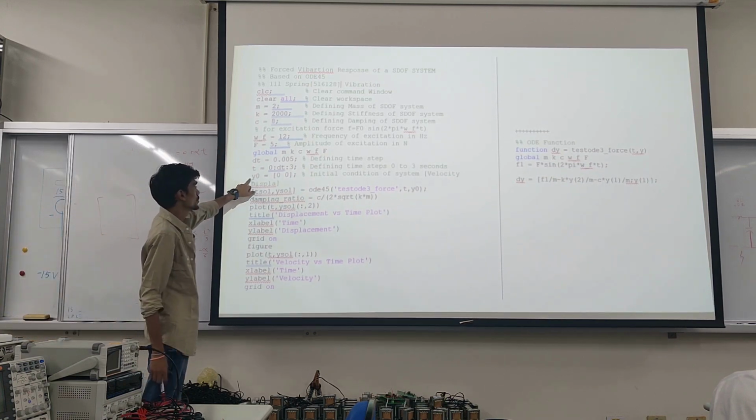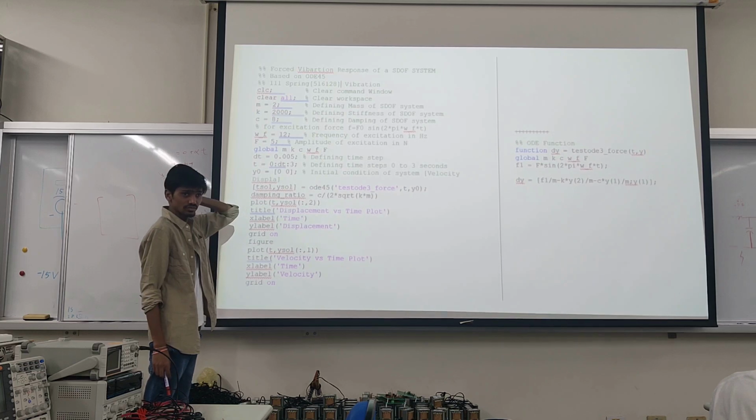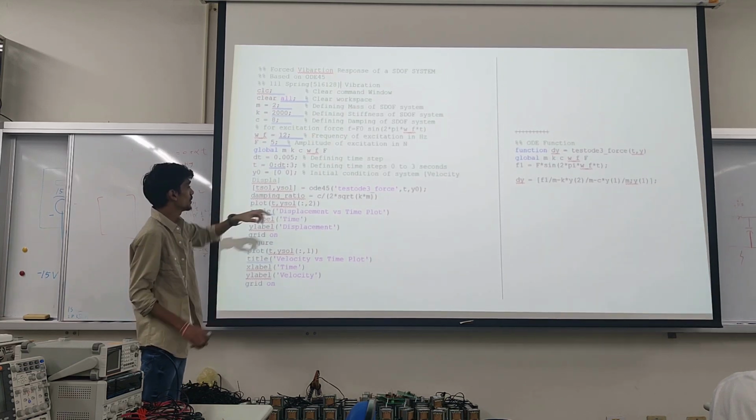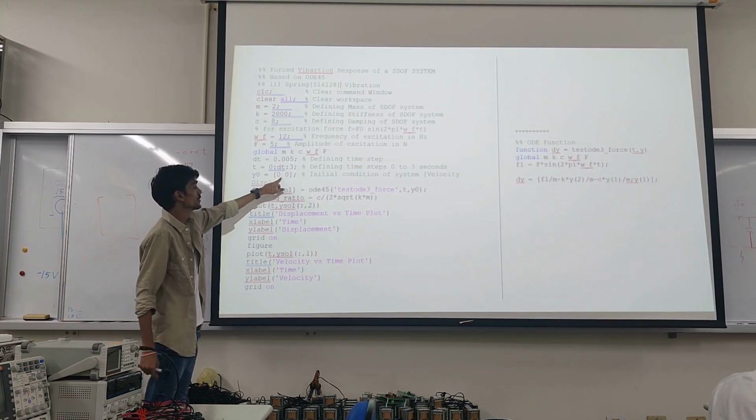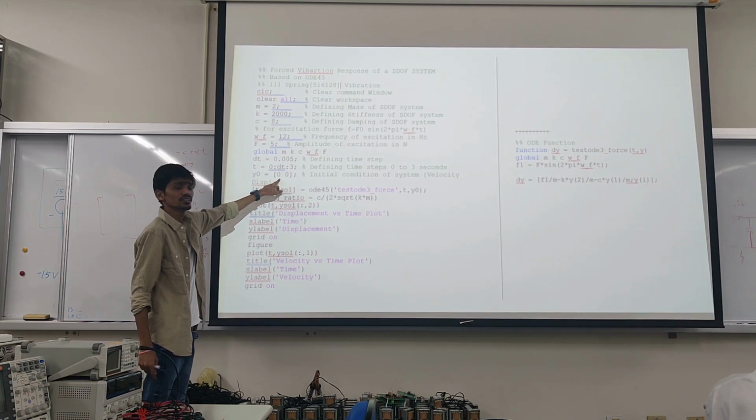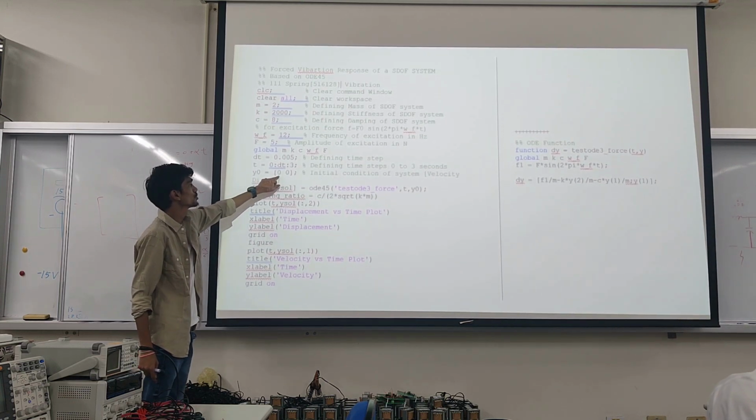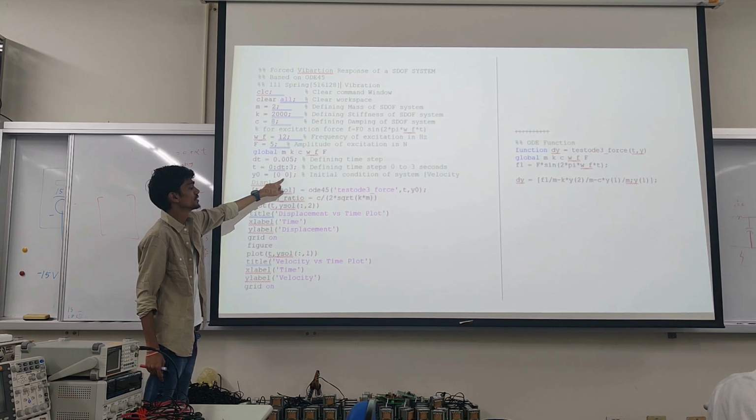Is there any problem in Y0 or is it correct? If I put 0, 0, is there any difference? Can you check? If I put Y0 is equal to 0, 0, does it make any difference?